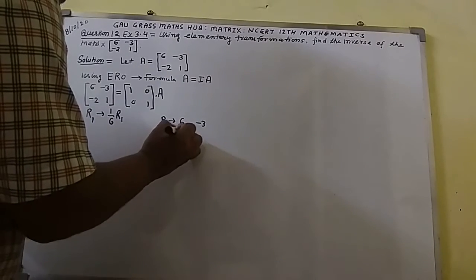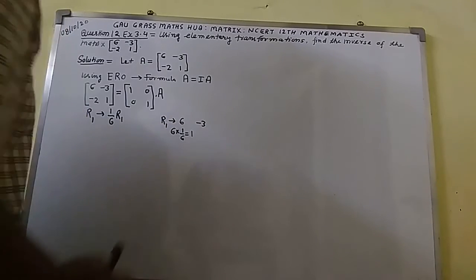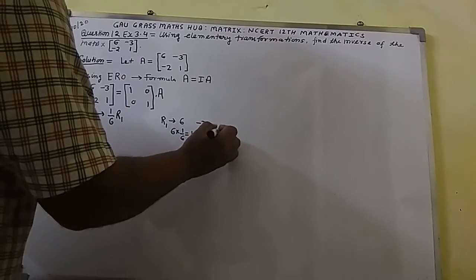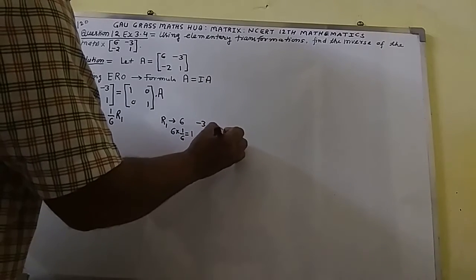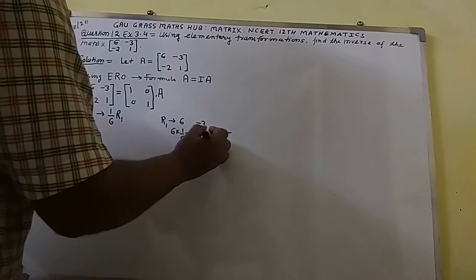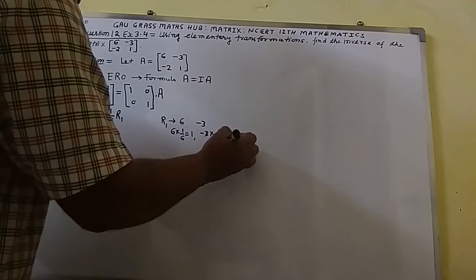Here 6 will multiply to 1 over 6, and we will get 1. And -3 will be multiplied to 1 over 6, and we will get -1 over 2.